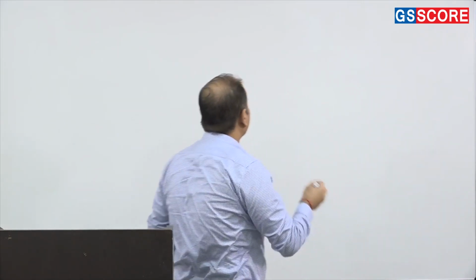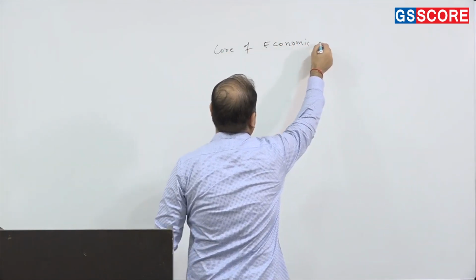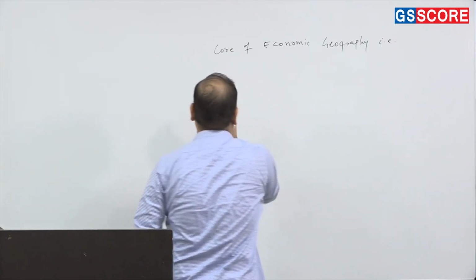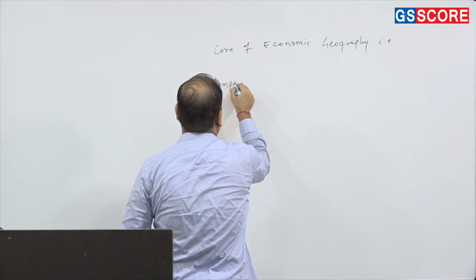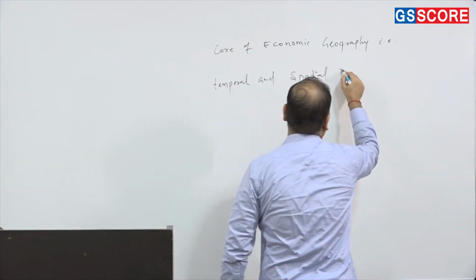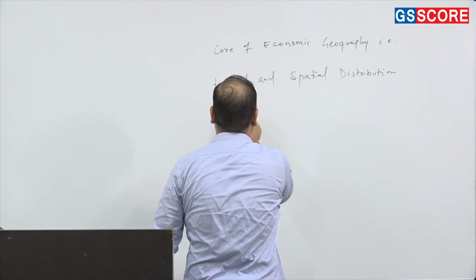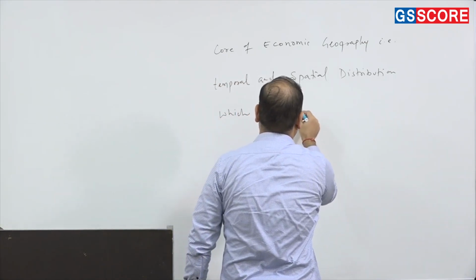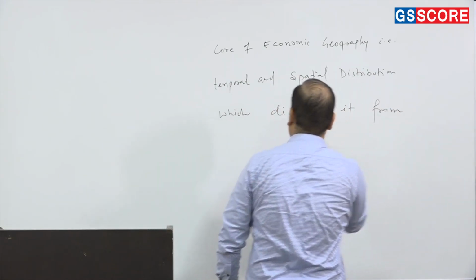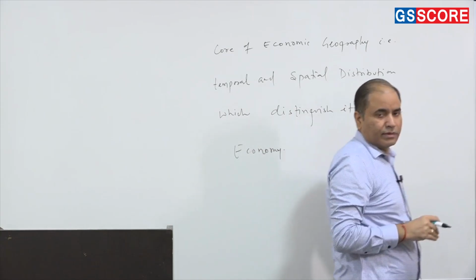This is also what we call the core of economic geography, that is temporal and spatial distribution, which distinguishes it from the economy.